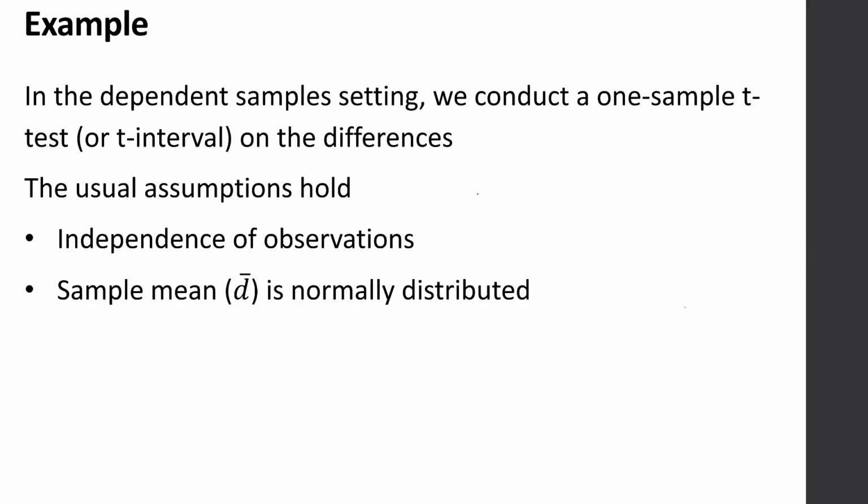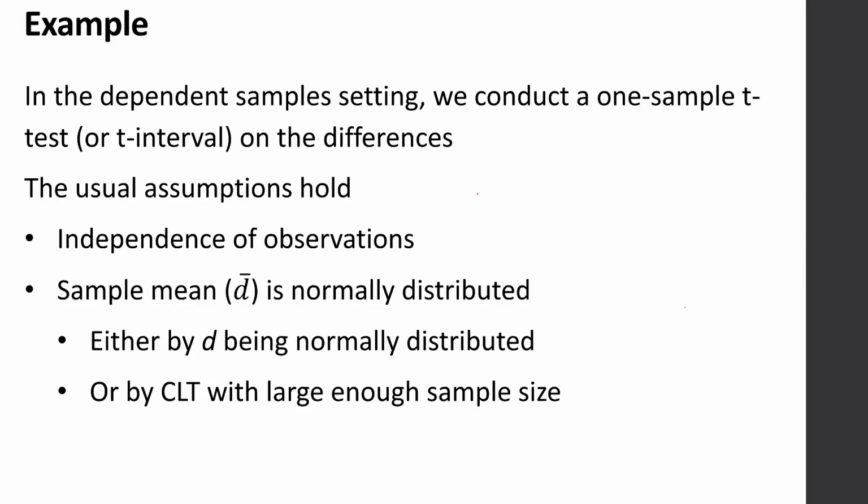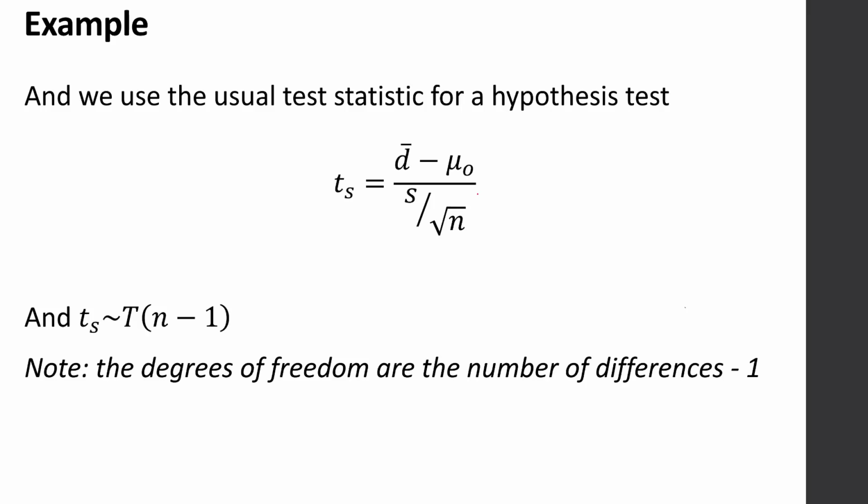And remember, there are two ways that we can get that the sample mean is normally distributed: either by D, the difference column, being normally distributed itself, or by the central limit theorem as long as we have a large enough sample size. And we're going to use the usual test statistic for a hypothesis test, taking the sample mean minus the null hypothesized belief of the mean divided by S over the square root of n.